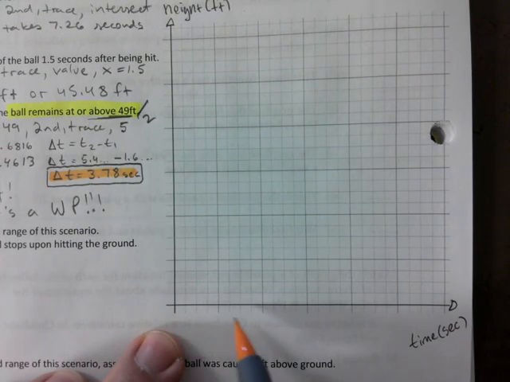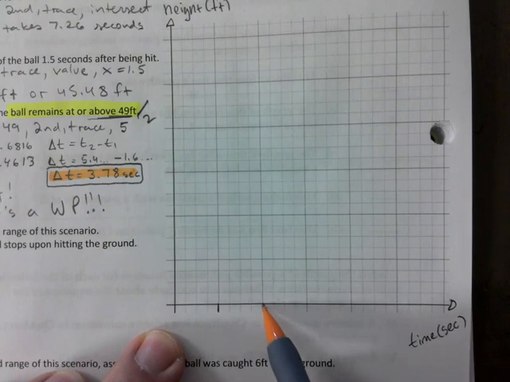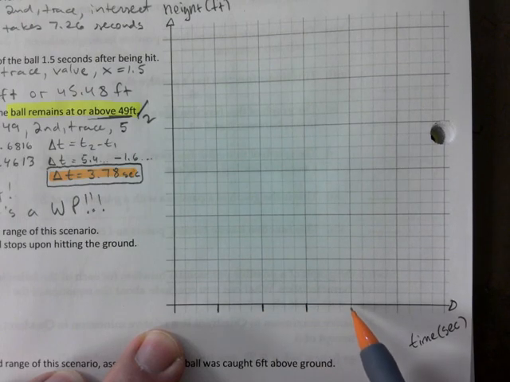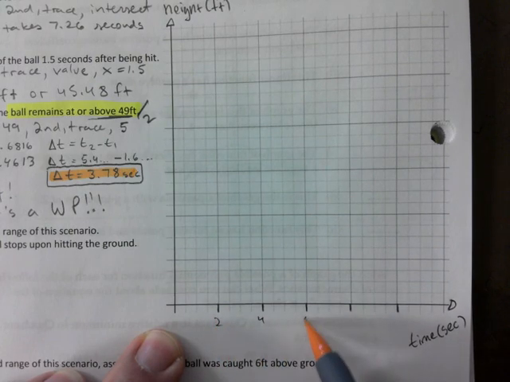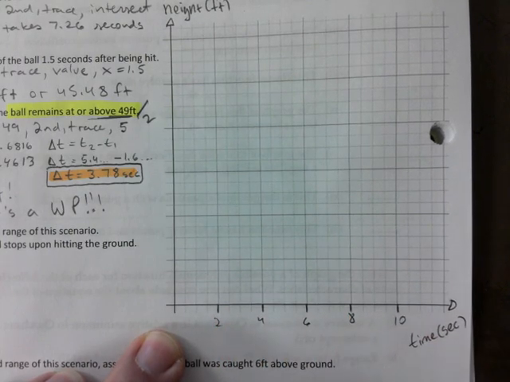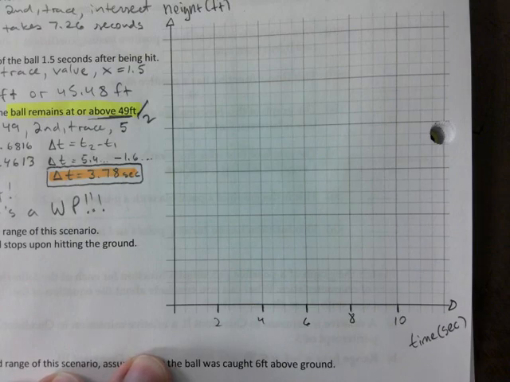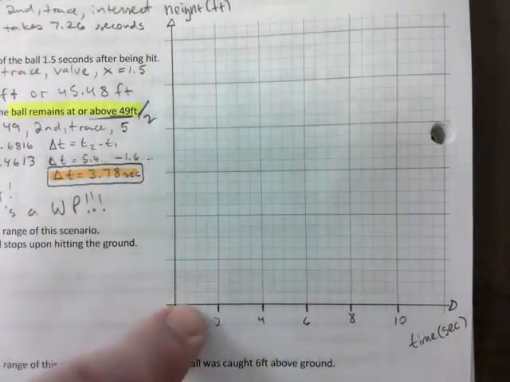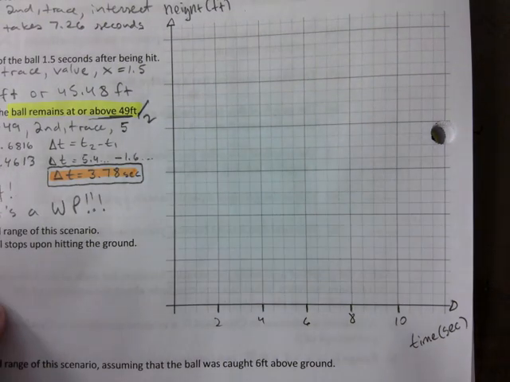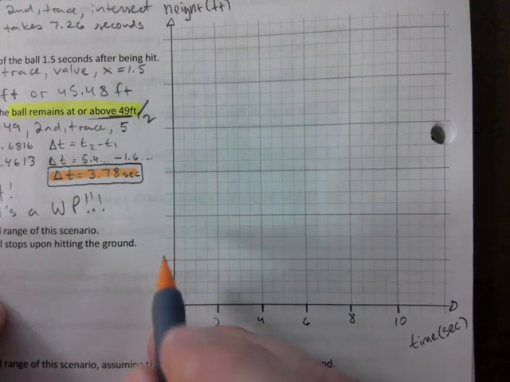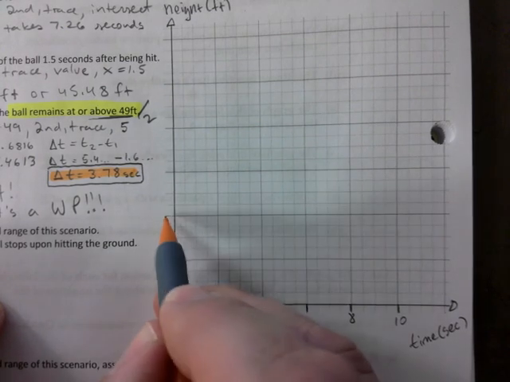So what's my x-intercept? 7.26, correct? So I'm going to try this. 2, 4, 6, 8, 10. That works pretty good. So that's the scale that I choose. And the highest point that I need to include for the y is 66.5, correct? That's the highest altitude. So let's see here.